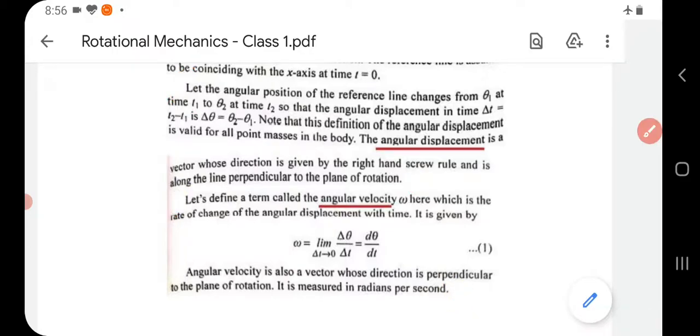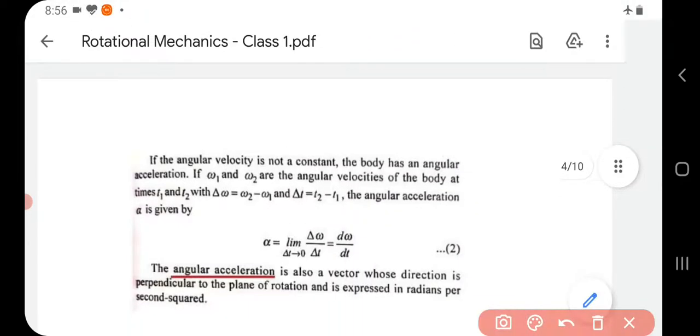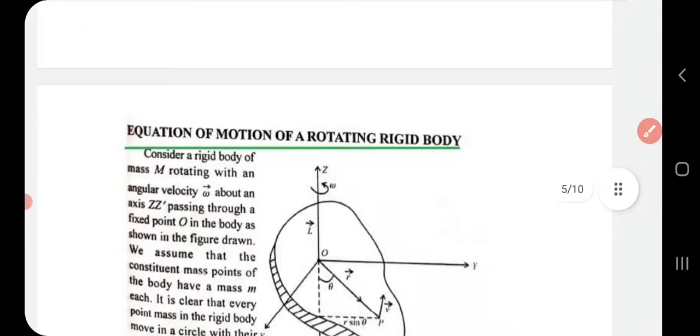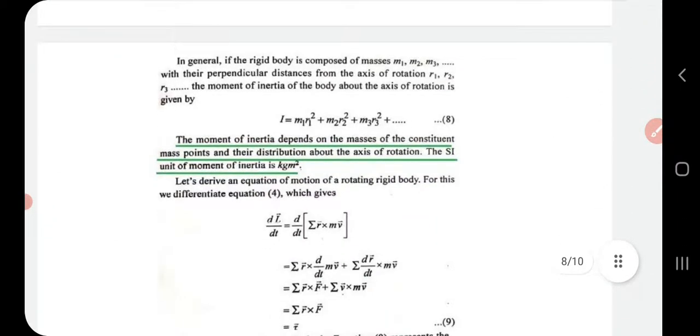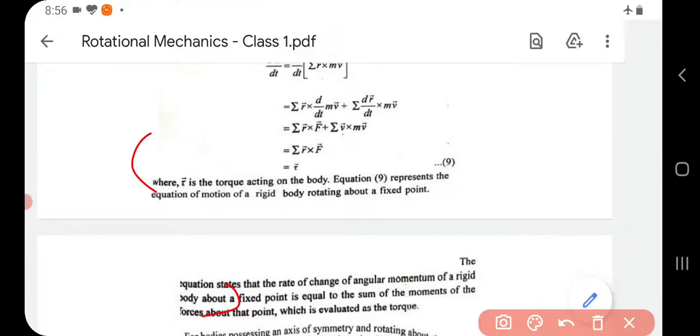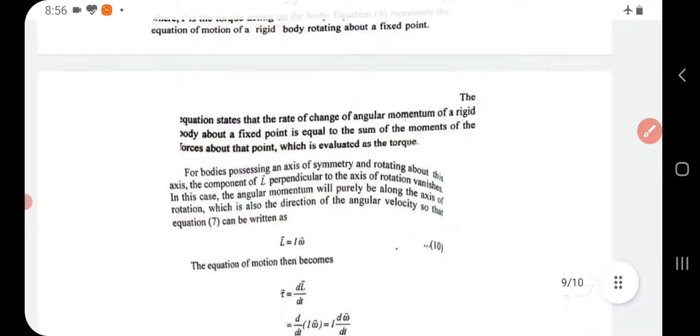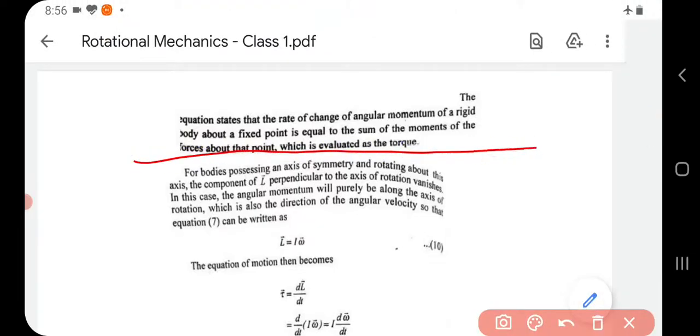This one. What is meant by angular acceleration? This one. Then derive the equation of motion of a rigid body. So start from here up to this much you have to write. Up to this much is your essay.